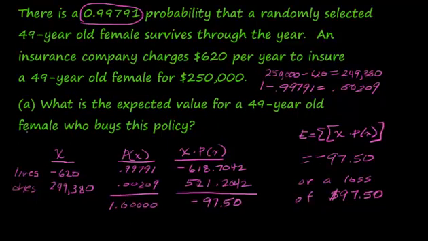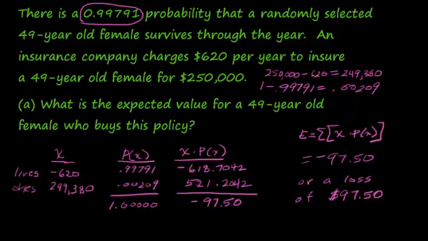This is the expected value to the female who purchased this policy. Why would somebody purchase a life insurance policy if this is the long-term average expected and it's negative? Well, we do this because insuring the financial security of our loved ones compensates us for the negative expected values. We're doing this not really for ourselves, but for those who are dependent on us.